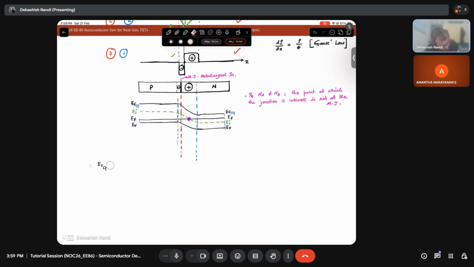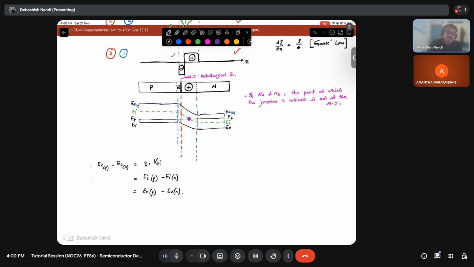ECP minus ECN will give me the built-in potential. Similarly, do you agree these are the same? EI of P minus EI of N, EV of P minus EV of N. Are these the same thing?